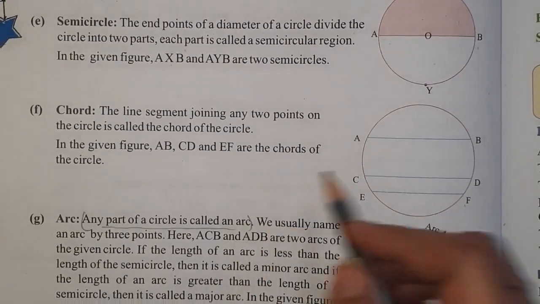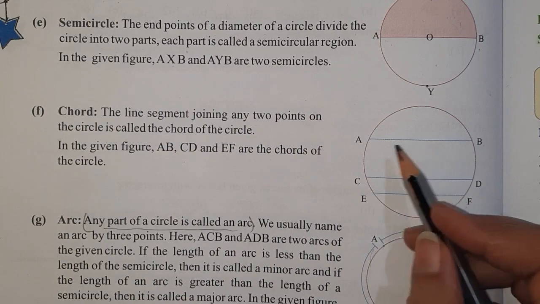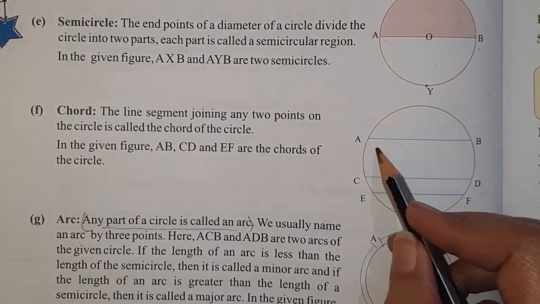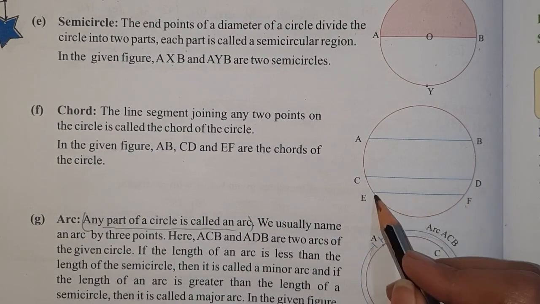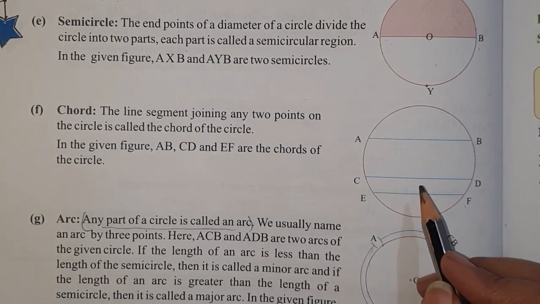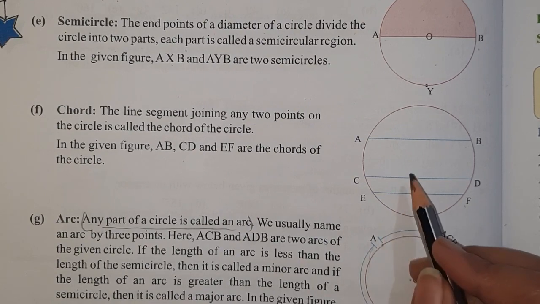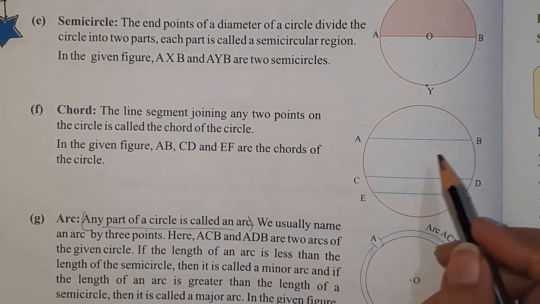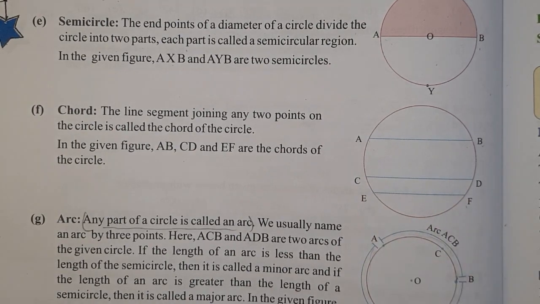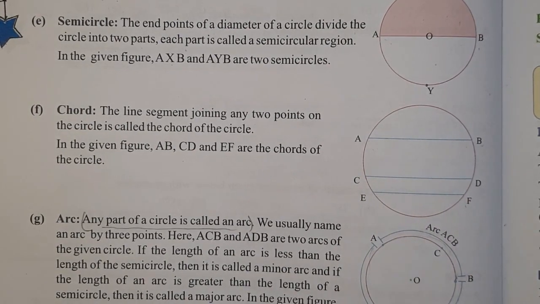Okay. Chord. The line segment joining any 2 points on the circle is called chord of the circle. Diameter is also a chord, but it is a special type of chord which is passing from the center. And this AB, CD, EF, these are also known as chords of the circle.